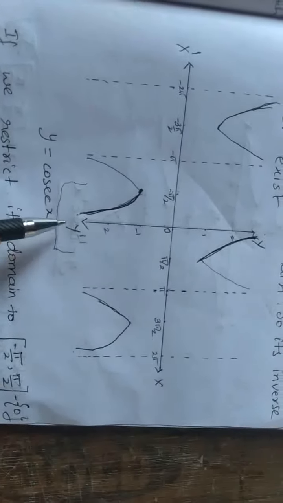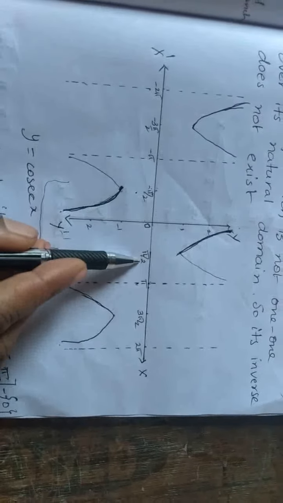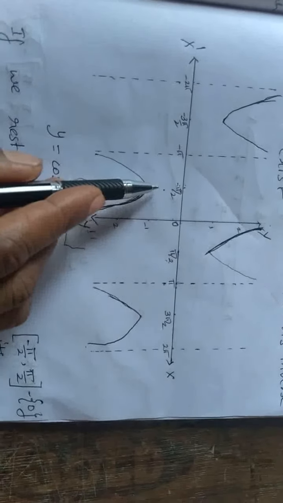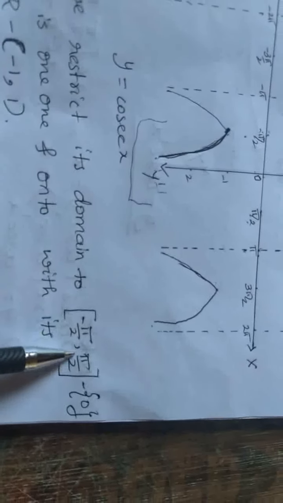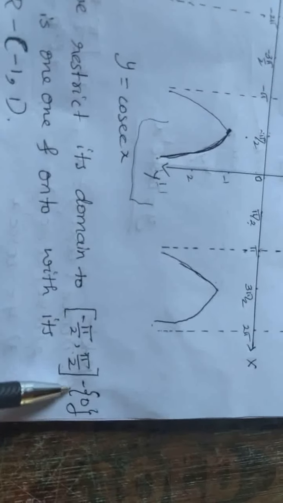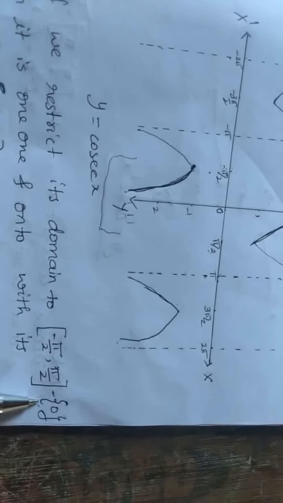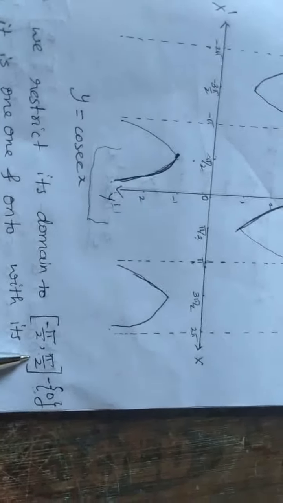So if you restrict its domain to the closed interval minus pi by 2 to plus pi by 2, except 0, then the function becomes one-one. This function is a bijective function, therefore its inverse exists.